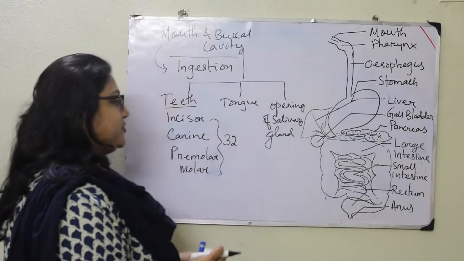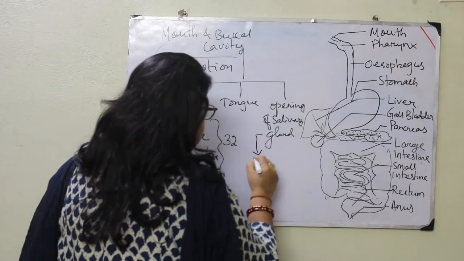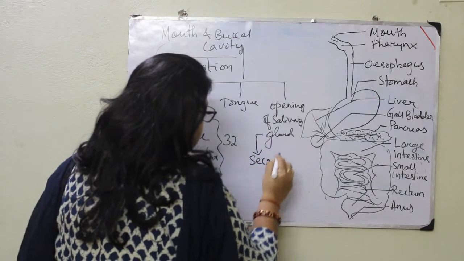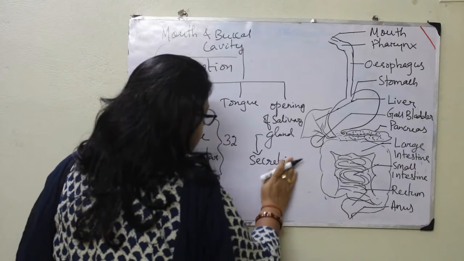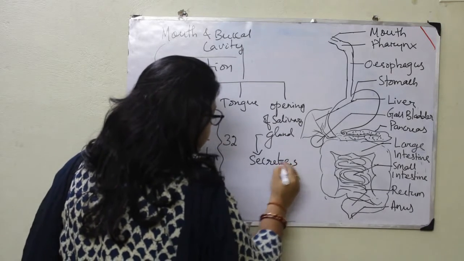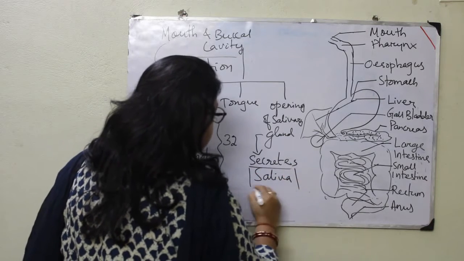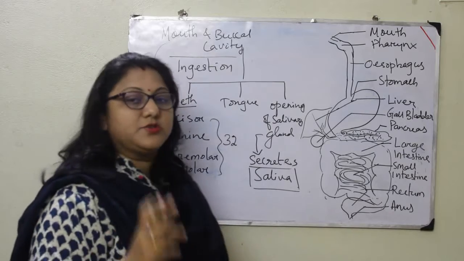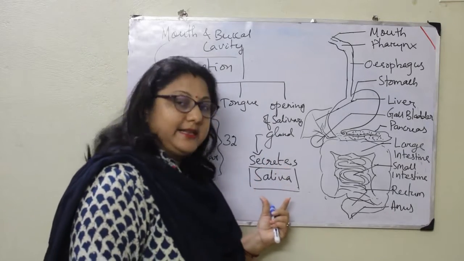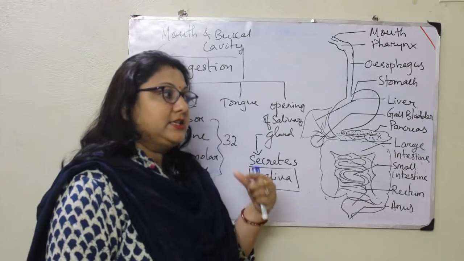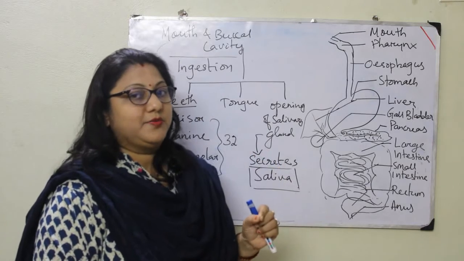Now, coming to the role of the salivary gland. The salivary gland secretes saliva. This plays an important role in the digestion process. The saliva is capable of partial digestion of the food.